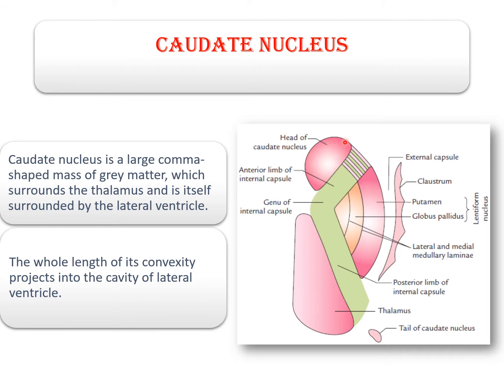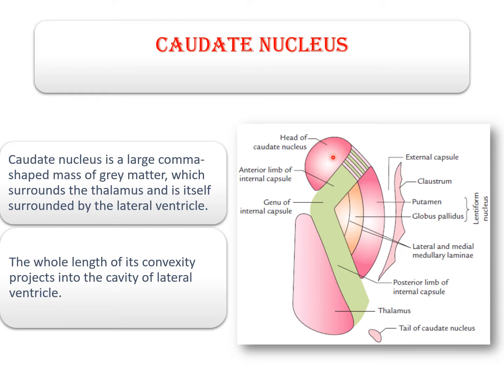So this one is the head of caudate nucleus, and this is the internal capsule, green color, this one is the genu, this one is the anterior limb of internal capsule, and this one is the posterior limb of internal capsule, and here that is the thalamus.